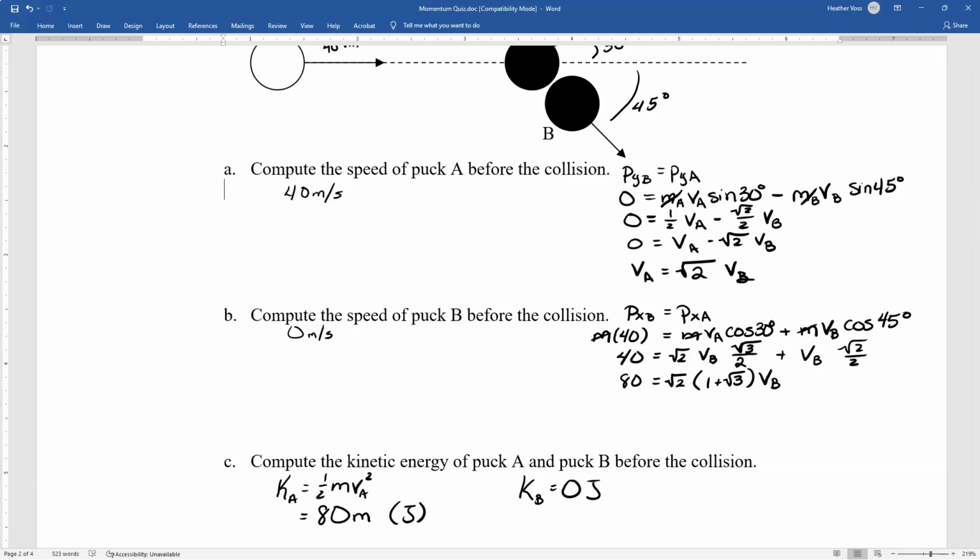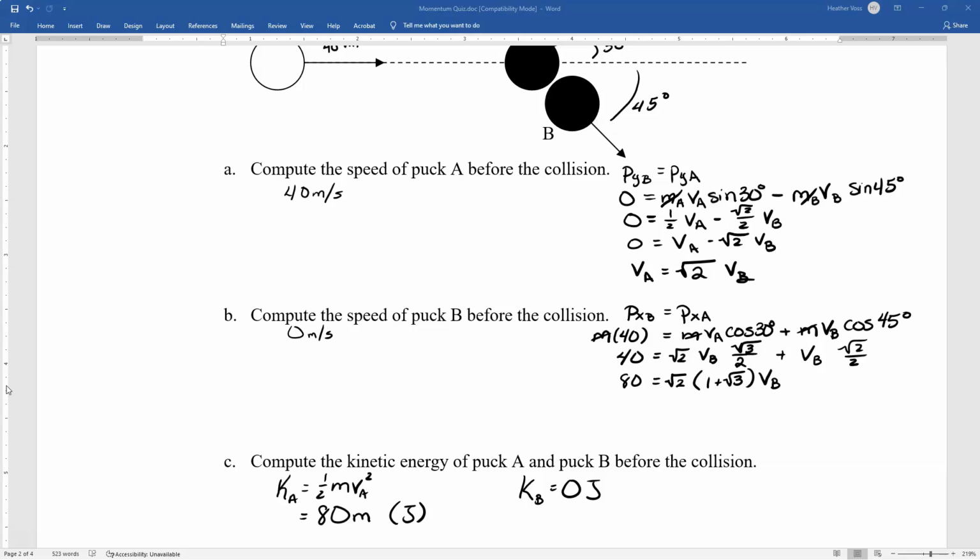At this point, I'm going to have to go back to my random number generator, and I'm going to have to do this numerically. So I'm going to have 80 divided by the square root of 2. Then I'm going to take that answer and divide it by 1 plus square root of 3.